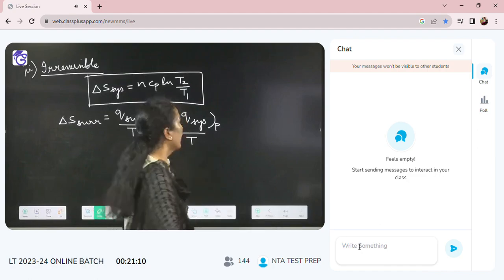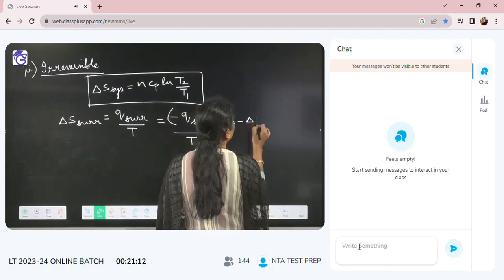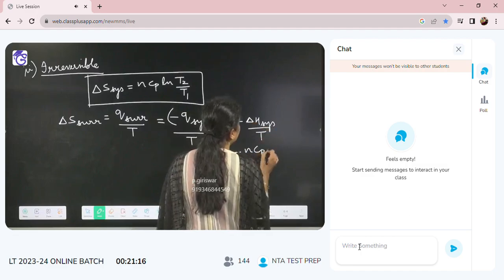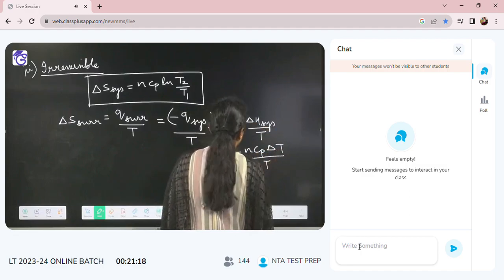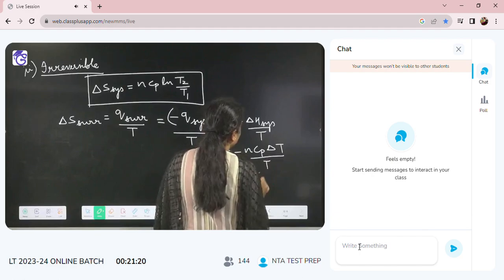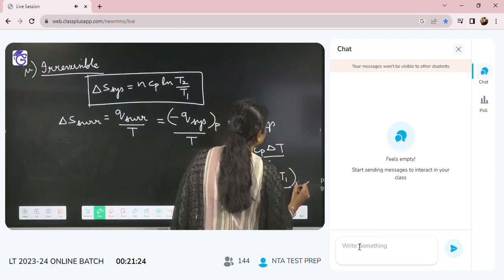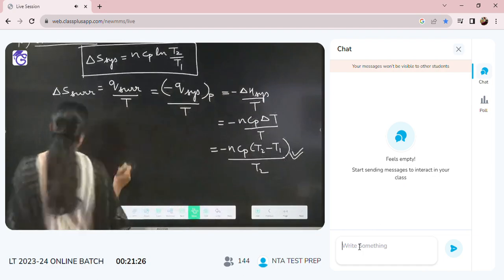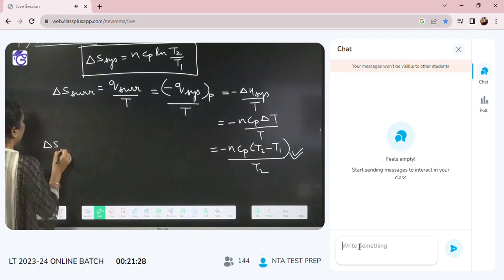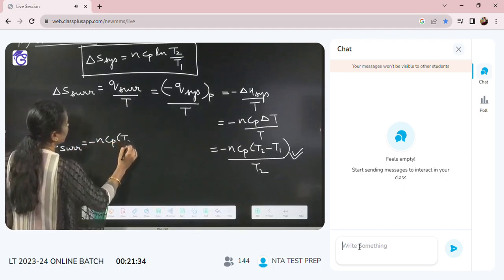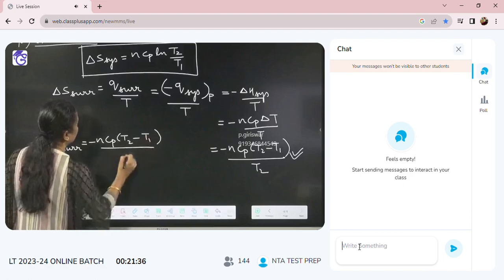Delta H. So I'll be writing in place of this minus delta H system upon T, and this is actually minus NCP delta T upon T, which can eventually be made as minus NCP T2 minus T1 upon T2. So this is the final formula which you have to remember. Delta S surrounding is equal to minus NCP T2 minus T1 upon T2.